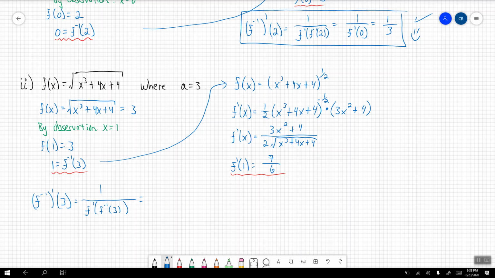We found f inverse of 3 to be 1, which means we need to evaluate the derivative at 1, which we did, and that's 7/6. So this is 1 over 7/6. That's a complex fraction. Simplify, which means our answer is 6/7. And there we are.